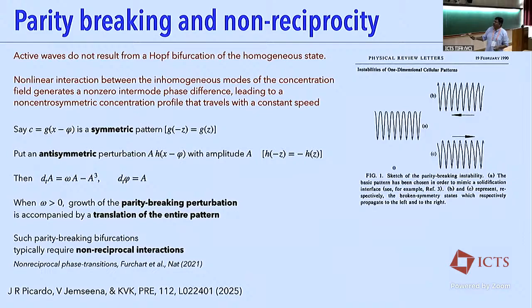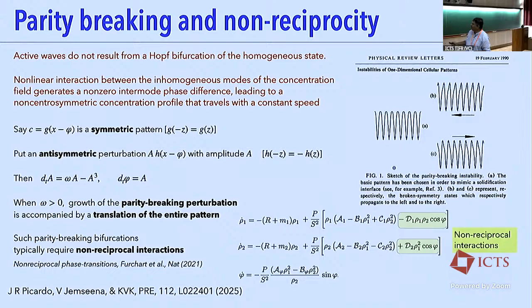And one way to understand such kind of patterns is to ask, if you have one-dimensional cellular patterns and you have a system where you break the parity of the patterns, let's say you put some antisymmetric perturbation, it was known quite early that if there is a parity breaking perturbation, you can lead to a net translation of the whole pattern.